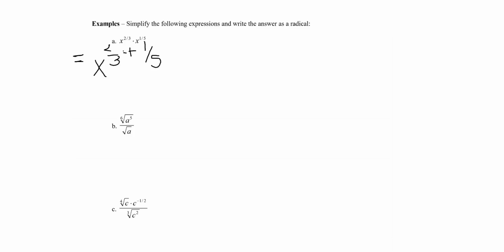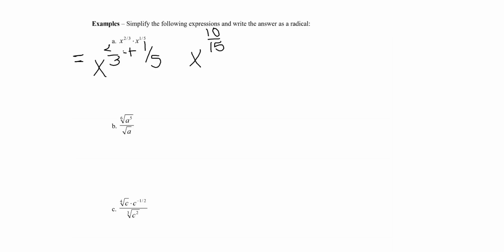Now, if you remember, when we add fractions, we have to have a common denominator. So my common denominator that I'm going to use is going to be 15. So for 2/3, if I make it have a denominator of 15, 3 times 5 gives me 15. So I have to multiply the 2 times 5 as well, which gives me a 10.